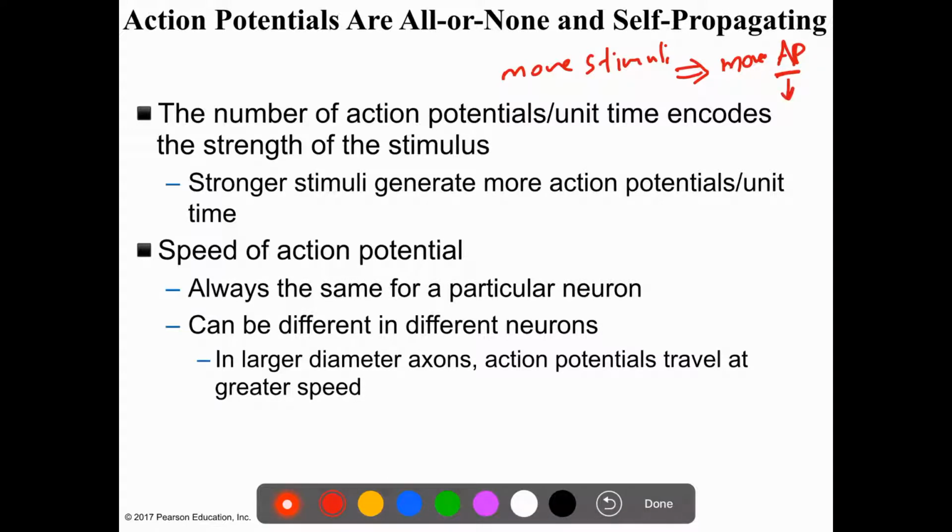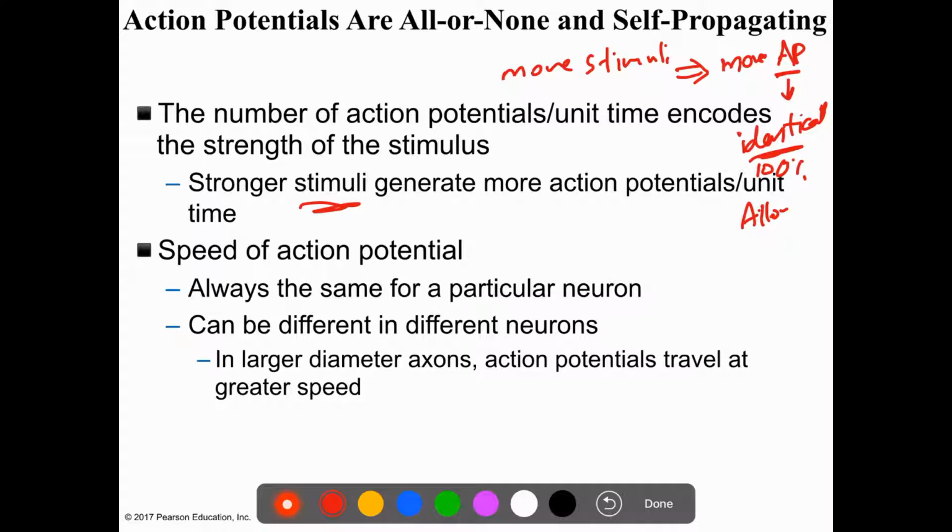All of these action potentials are still identical, but the period between them is minimized. They are either happening or not happening, so they are still following the all or none rule. So stronger stimuli generate more action potentials per unit of time.